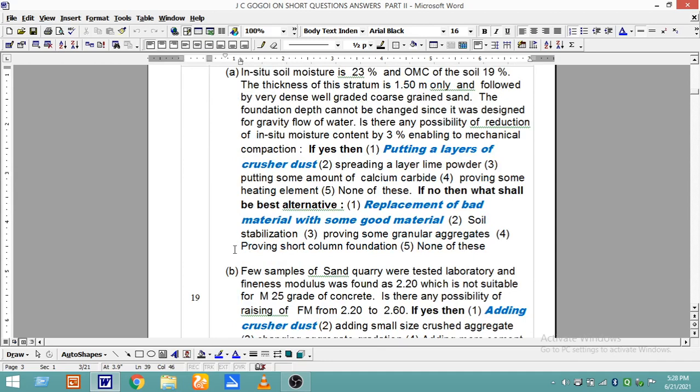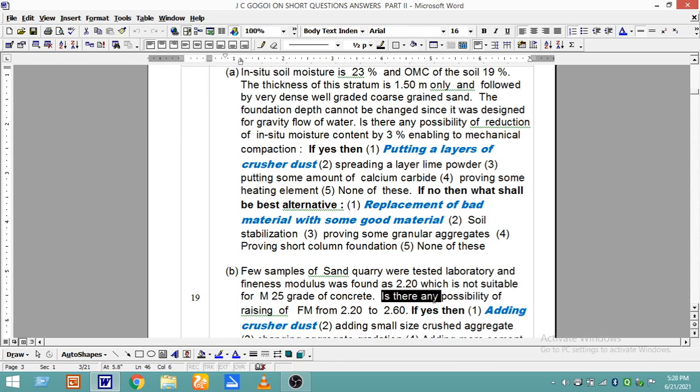Next question. A few samples of sand from a quarry were tested in the laboratory, and the fineness modulus FM, which is required for mix design and for concrete RCC works, was found to be 2.2, which is not suitable for M25 grade of concrete.